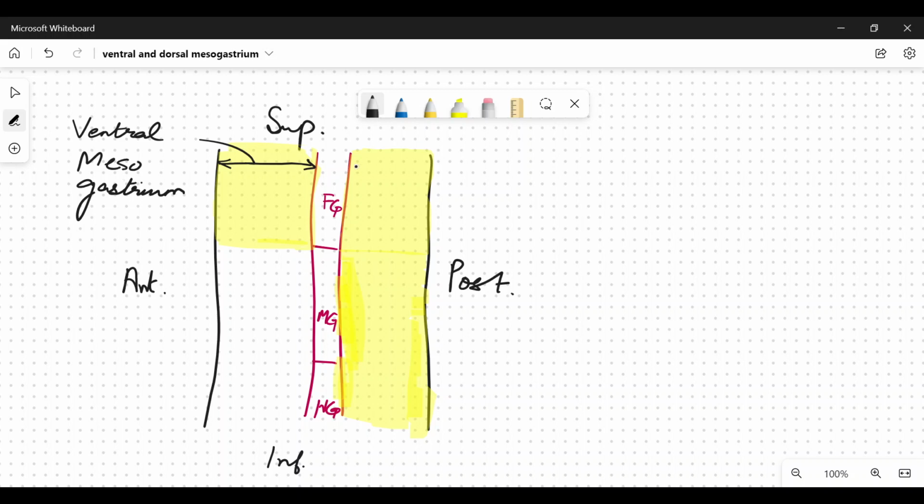Similarly, this dorsal part up till this level, which connects the foregut to the posterior abdominal wall, is called the dorsal mesogastrium. Whereas this remaining part, from here up till here, which connects the midgut and hindgut to the posterior abdominal wall, is called the dorsal mesentery.